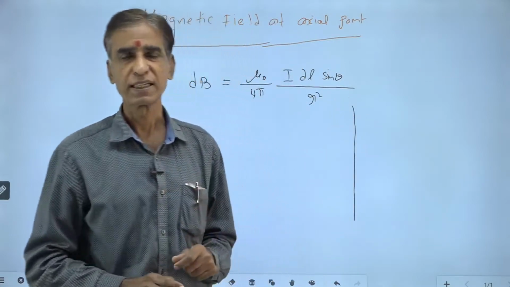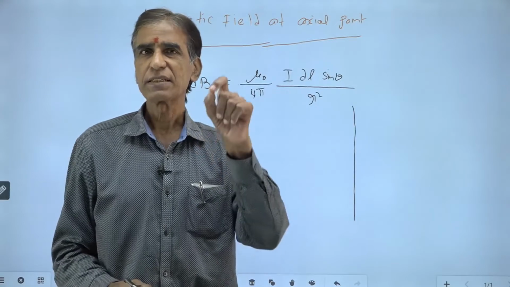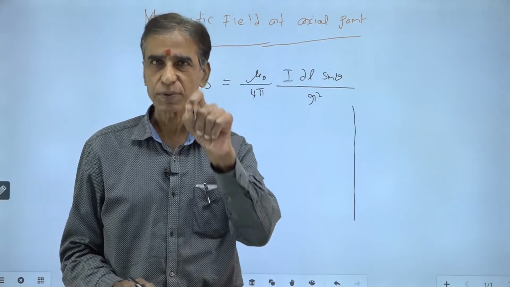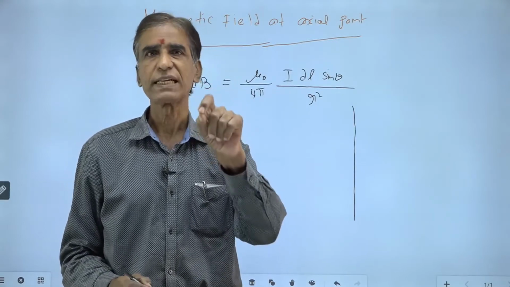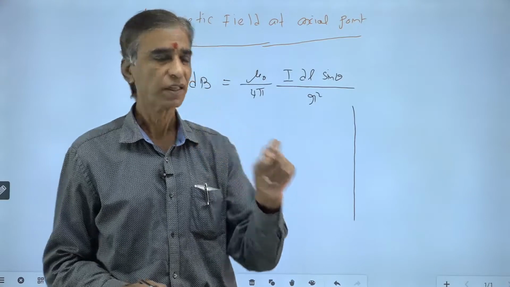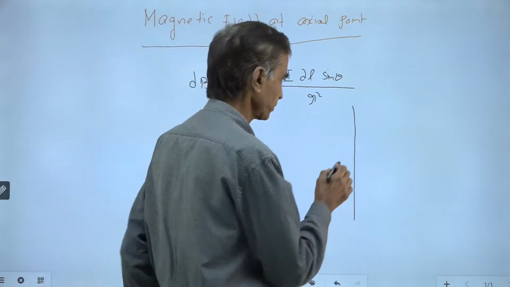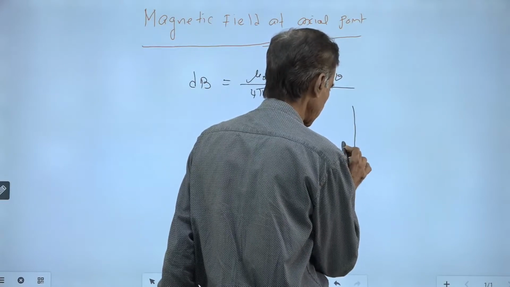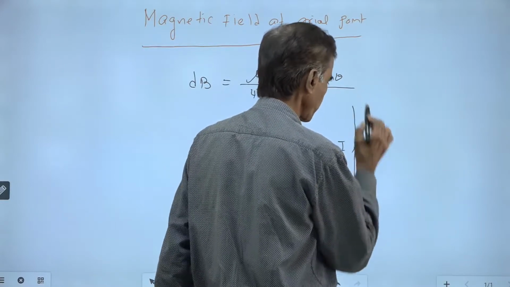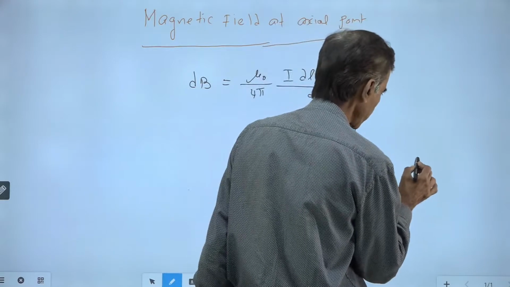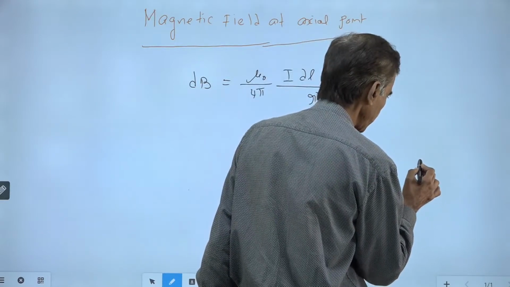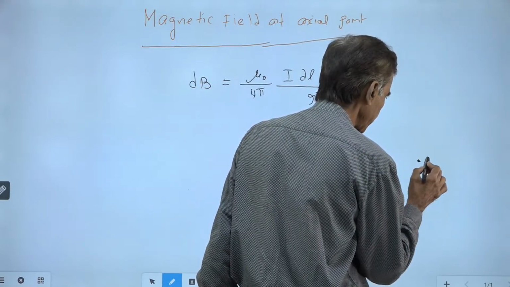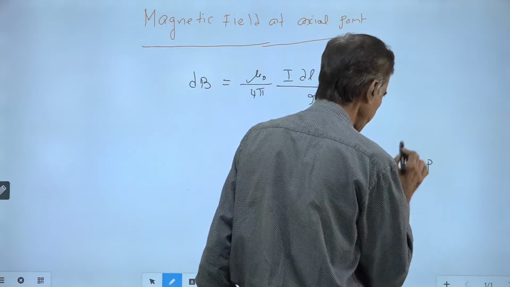This is very important here. r is the distance of the point where we want to find the magnetic induction due to this current carrying conductor. Suppose this conductor is carrying current I, say upward. Suppose I want to find the magnetic field at a point P. Suppose this is my point P.